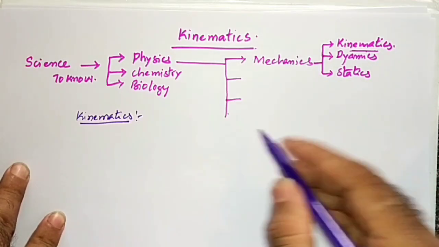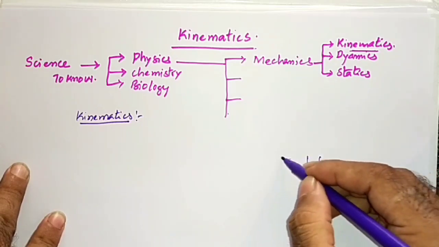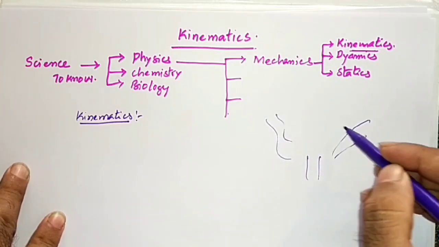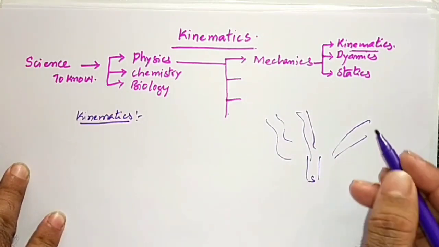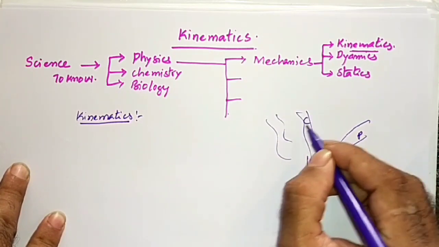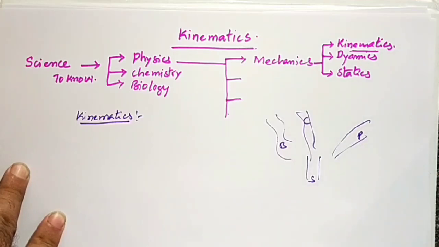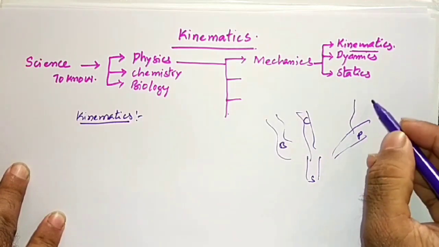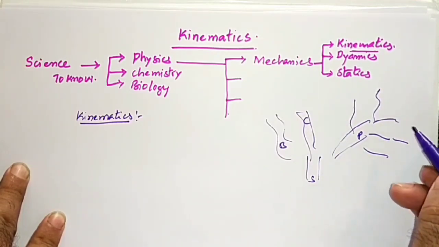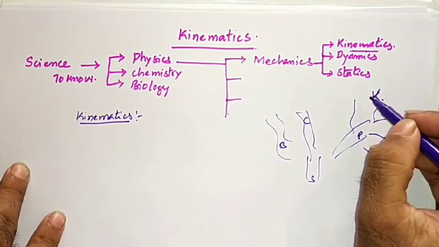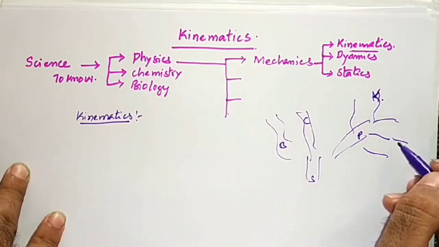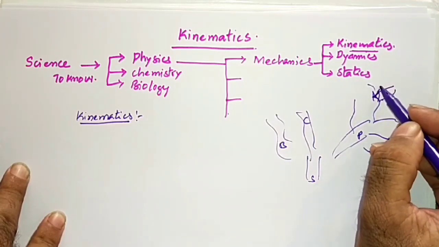If you take science as a very big tree, these are the branches of this big tree: physics, chemistry, and biology. Again, for physics, there are many branches. One of the branches is mechanics. Again, for mechanics, there are three branches.